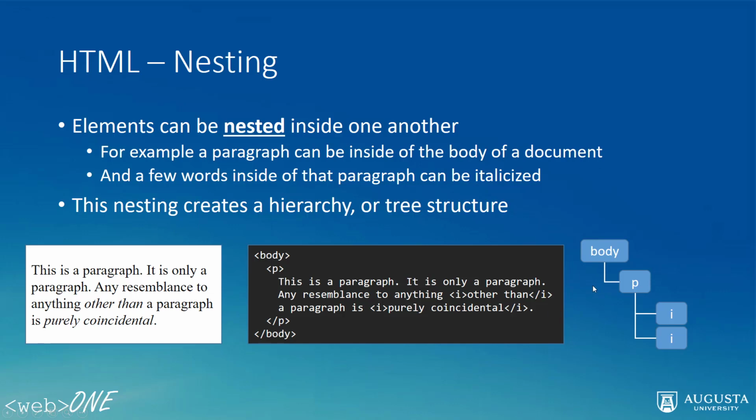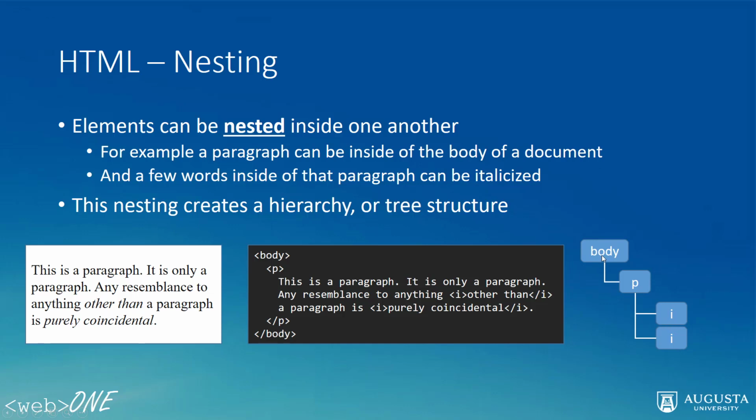The nesting actually creates a structure like a hierarchy or a tree structure. You see here in this code, we have a body element. The body element has an element which is P, and the P element has two other elements.